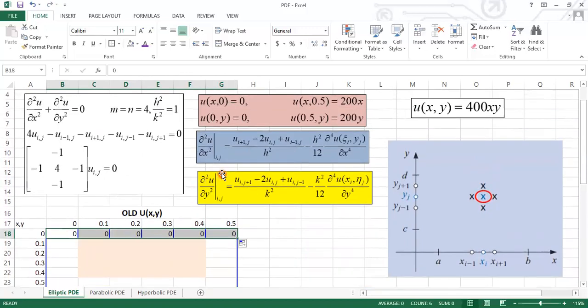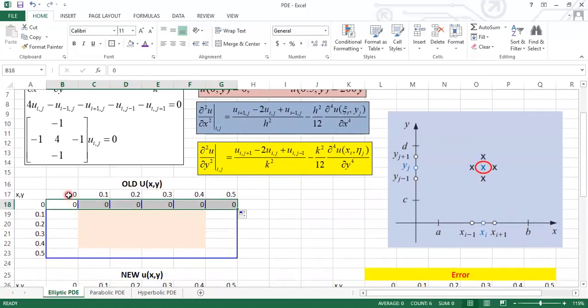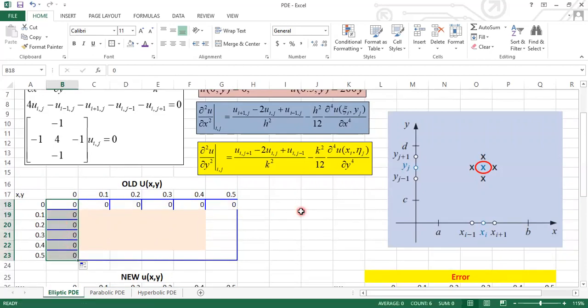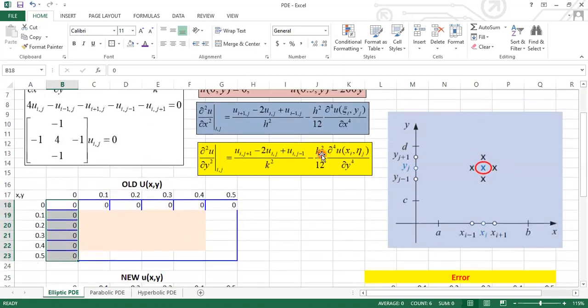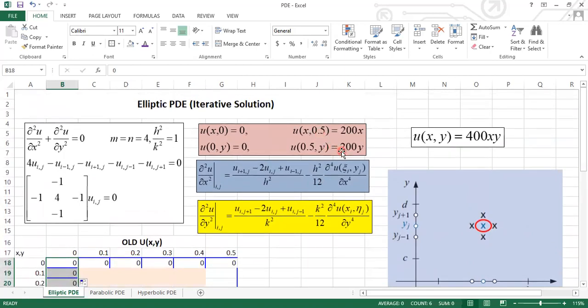And similarly, u(0,y), when x values are 0 and y values are changing, so we have these values for the boundary. Now the right boundary, when x is fixed at 0.5 and y is changing, it is equal to 200y.